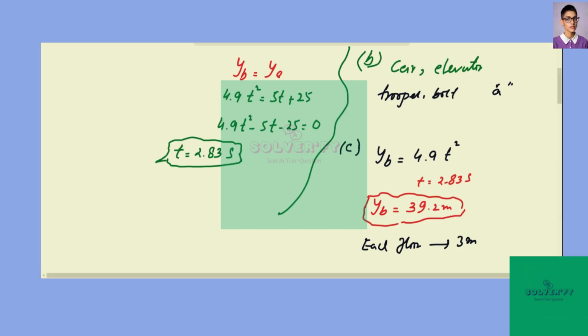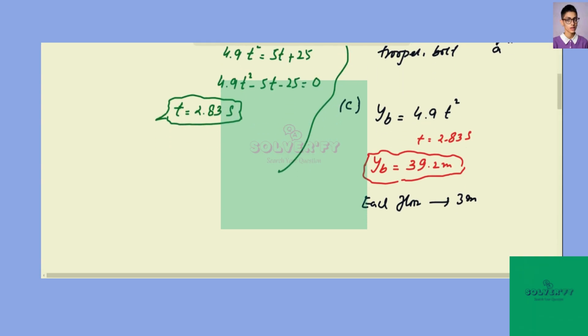So the highest floor from which the bolt can fall, if the elevator reaches the ground floor before the bolt hits the top of the elevator, can be approximated by dividing the height covered by the bolt, that is 39.2 meter, divided by each floor being of height 3 meter.